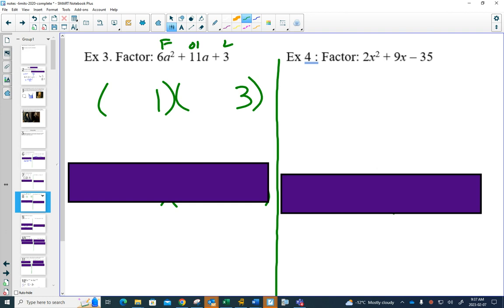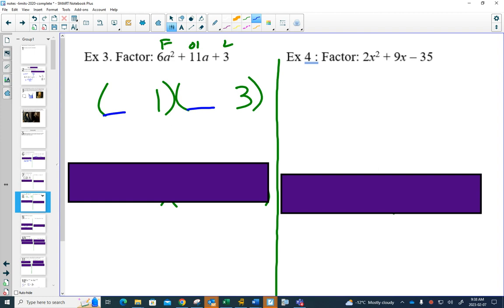Now, when I go to write my first ones, and I need to get 6a squared, now I can start doing a little bit of mental math in my head. I can say, oh, 6 and 1, that's 18 and 1, that never makes 11. If I put 6 here and 1 here, that's 6 and 3, that doesn't make 11. So 6 and 1, if I thought of that first, I can eliminate it.